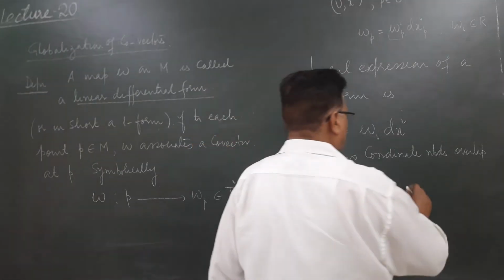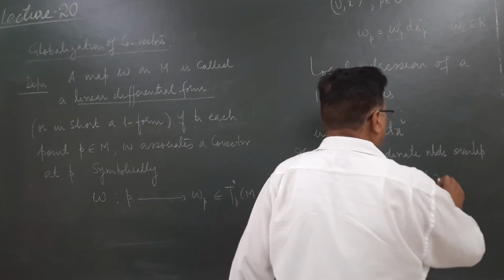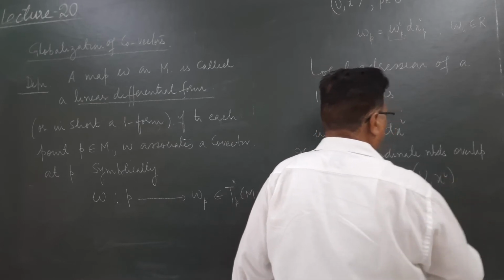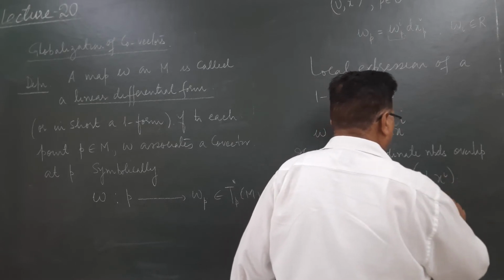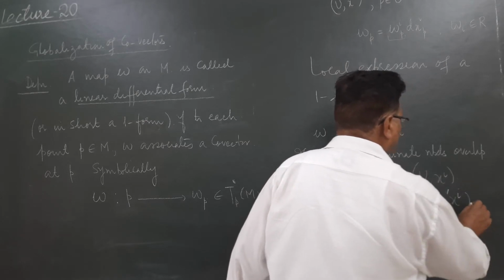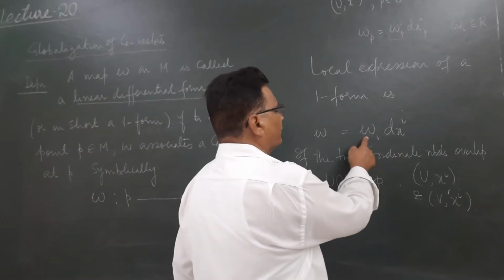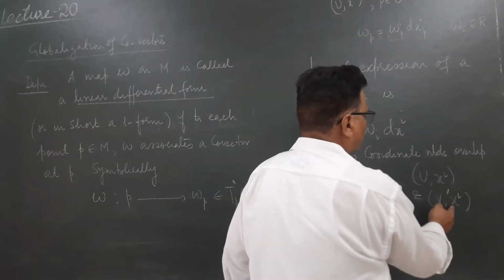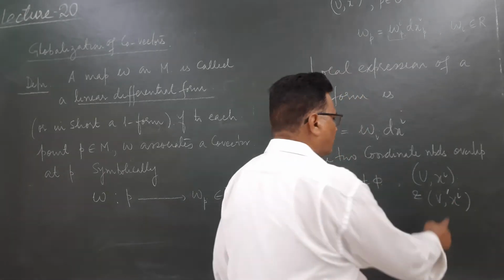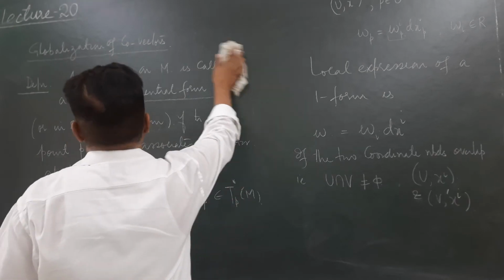Okay. So suppose u के ऊपर coordinates हैं xi and v के ऊपर coordinates हैं x dash i. Okay. So what will happen to these coefficients when you go from xi to xi dash, or you come from xi dash to xi? So this is the question before us.